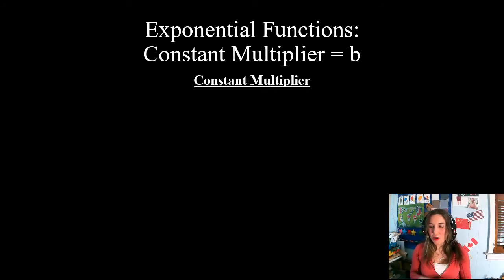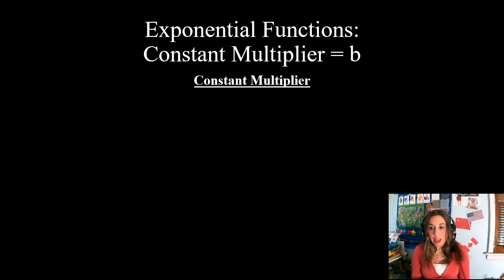Think back to when we were working with linear functions. We were looking at lines, right? There were two really important pieces of information: the slope, the rate of change, and the initial value, the y-intercept. y equals mx plus b. We wanted to know what the slope was, the m, and what the b was, the y-intercept, the initial value.